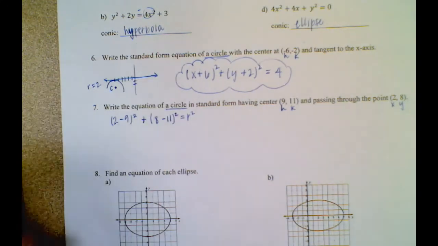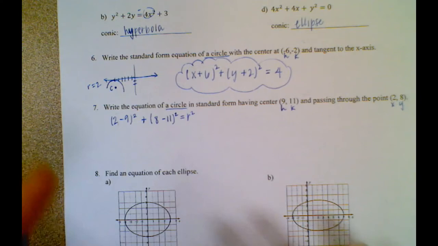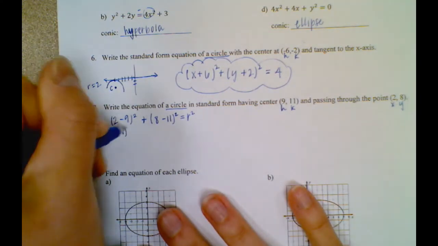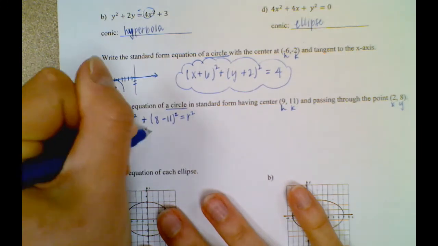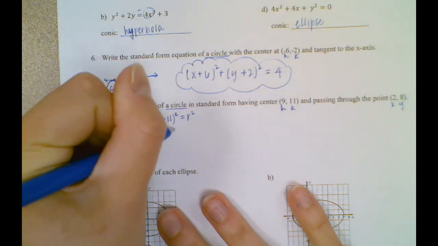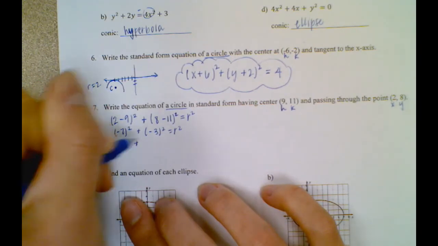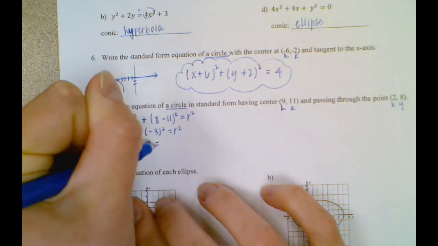We don't know what that is, but we can find it because we can simplify the left-hand side. So 2 minus 9 is negative 7, plus 8 minus 11 is negative 3. So negative 7 squared is 49, plus negative 3 squared is 9, equals r squared.